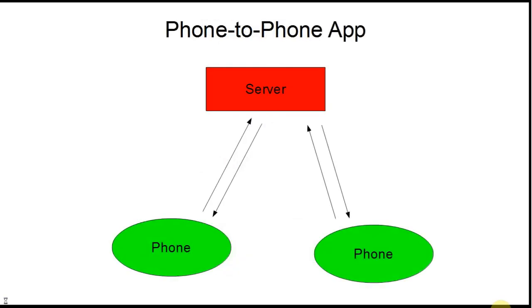Now if you want to communicate between phones, then if you think about it, your options are limited. Again, you could use text messaging or make phone calls, or you could use Bluetooth if the phones are really close to each other. But usually you don't use any of these.